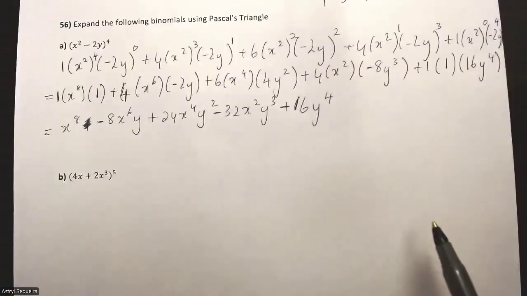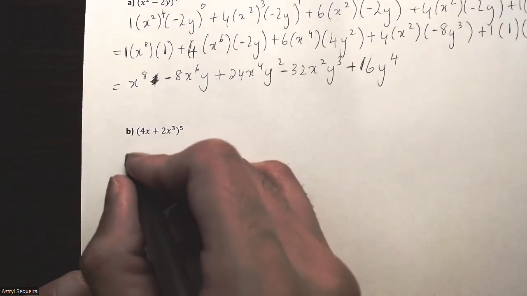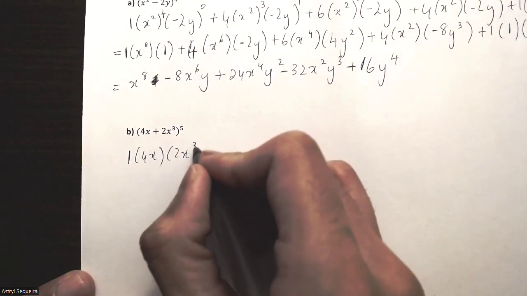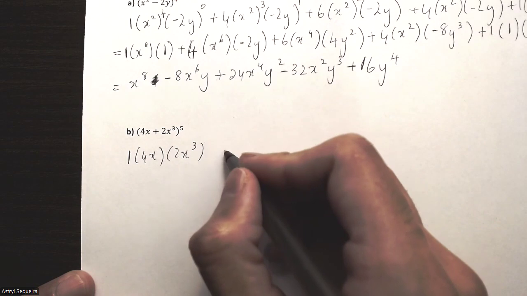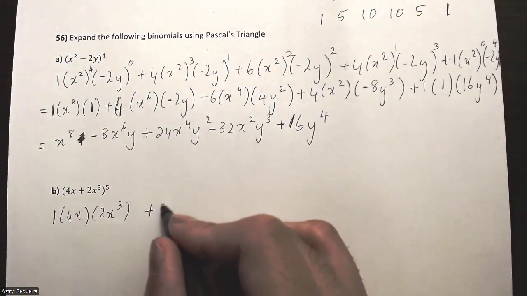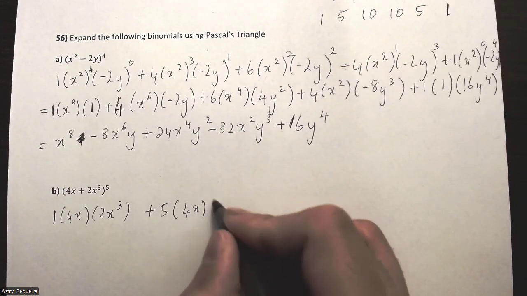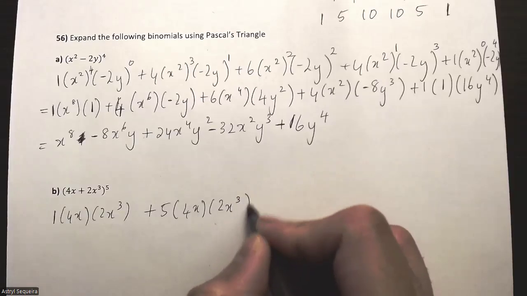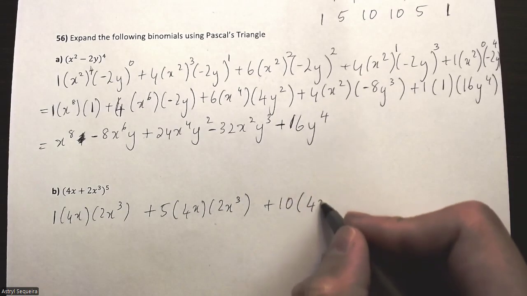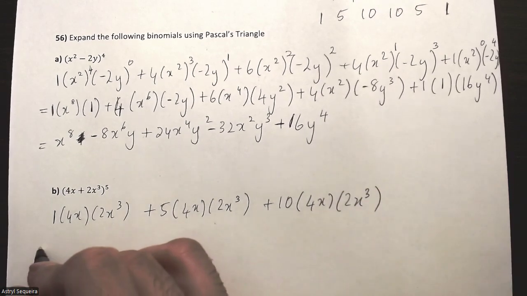Okay, let's try part B. Same idea. I'm just using the last row over there. I'm going to set it up with my coefficients. And this one I will do over 2 lines so that I have no trouble fitting it in one line.